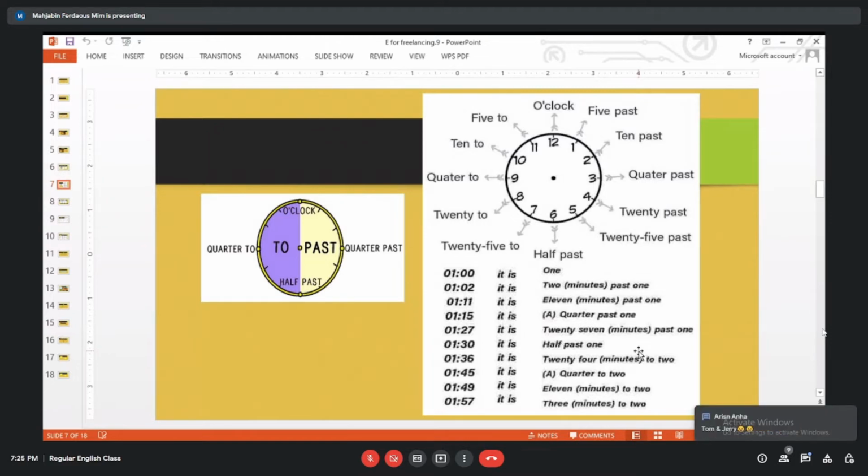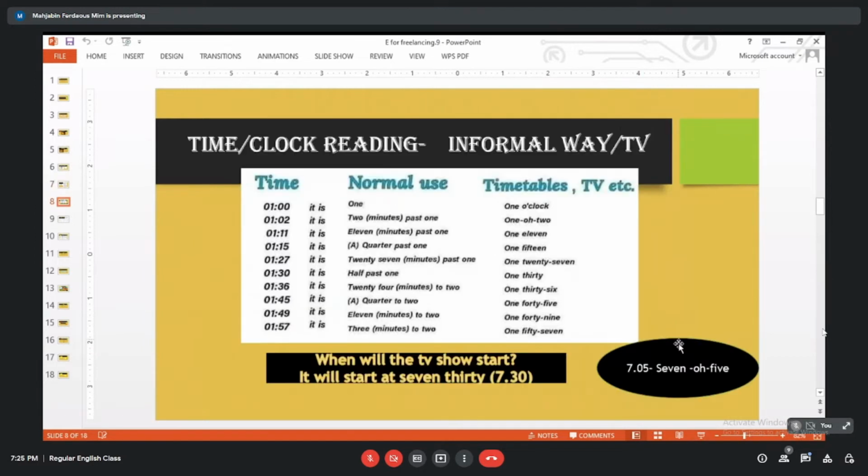If you are describing something on your daily routine basis, it should be the informal way, which I have put on a later slide. Just like this: 5:05 or 7:05. This is for when you are about to talk about TV shows or your daily routine.